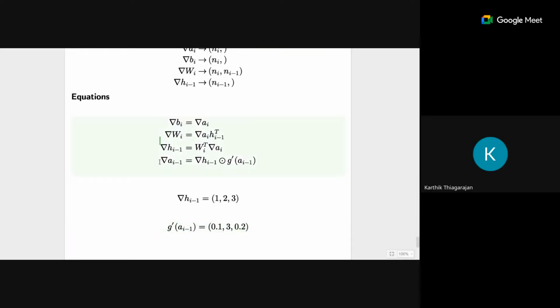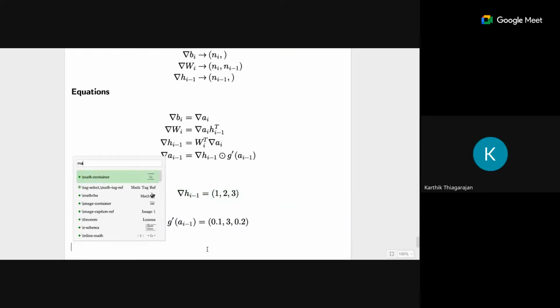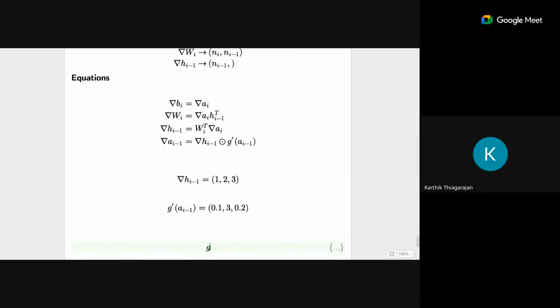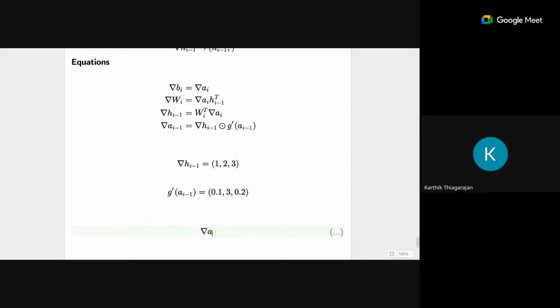Now the gradient of a_{i-1} will be the element-wise product of these two. So what you have to do is 1 into 0.1, comma, 2 into 0.3, comma, 3 into 0.2. That's what this means.